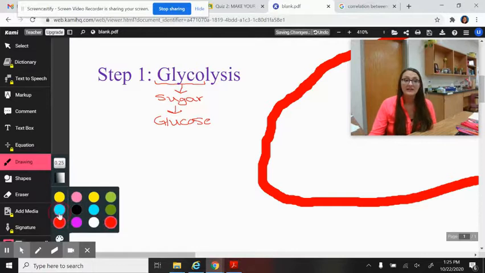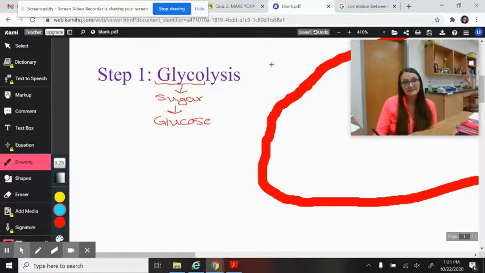Okay, and then when we talk about lysis, some of you have come across the prefix or the word lysis before. It's not the lice that's in your hair. A lot of times kids will say, is it like the lice, like the bugs? Is this about a bug? And I'm like, no. It's not about a bug. Lysis is spelled differently. And what that means is to burst or to break.